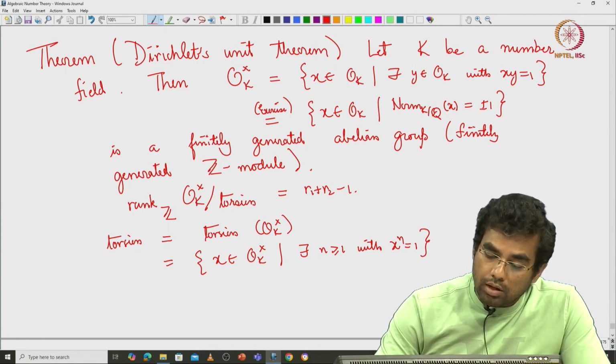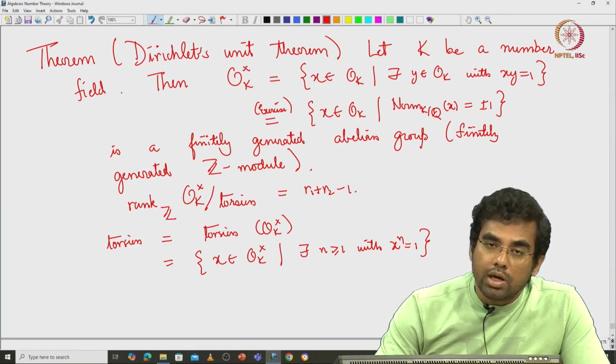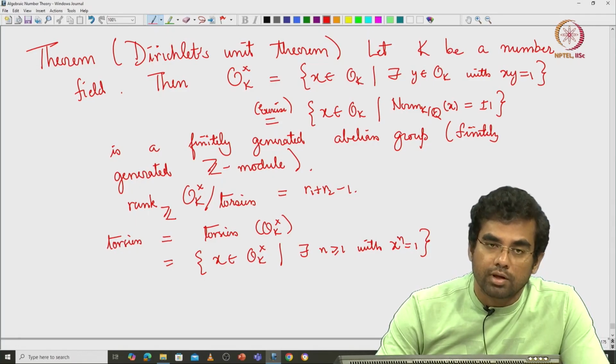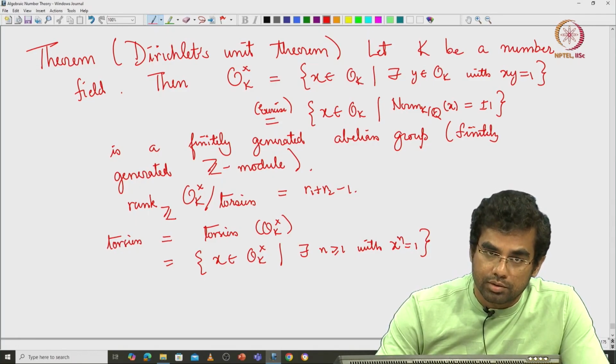Now, as I said, I want to make various comments about this. O_K is a finitely generated abelian group. We saw that earlier. It has rank n. That does not mean that O_K cross will be a finitely generated abelian group, a priori. Many things can go wrong.